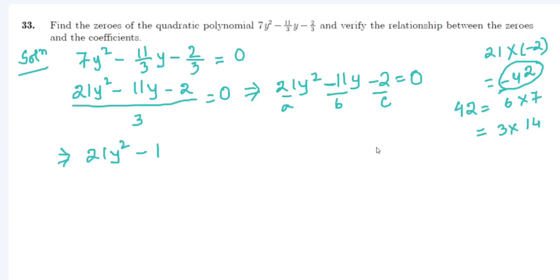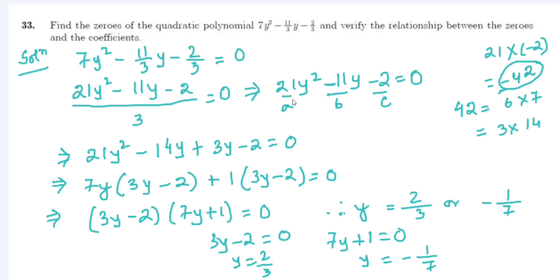Okay, now what we already got: A as 21, B as minus 11 and C as minus 2. So let us write that first. A equal to 21, B equal to minus 11 and C equal to minus 2.